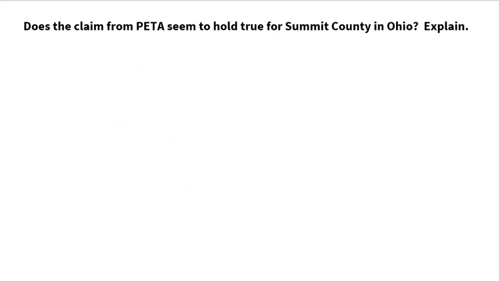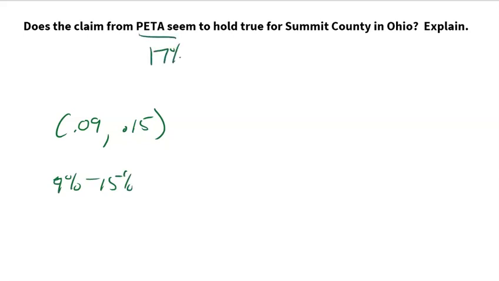All right, the final question is actually the most important one. So with it at the end here, does the claim from PETA seem to hold true for Summit County? The answer, no. My interval showed that in Summit County, the proportion of malnourished dogs is somewhere between 9% and 15%. The claim from PETA was that 17% of all dogs in the U.S. are malnourished. Now, listen, that might still be true for the nation.